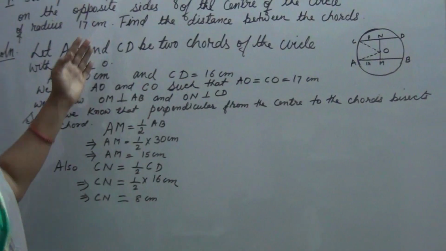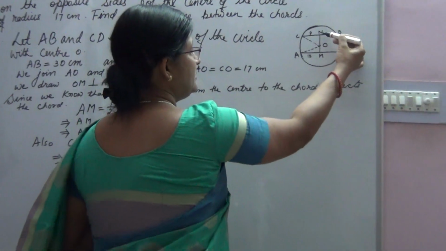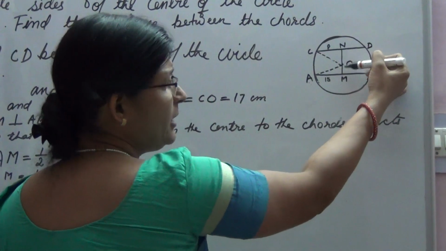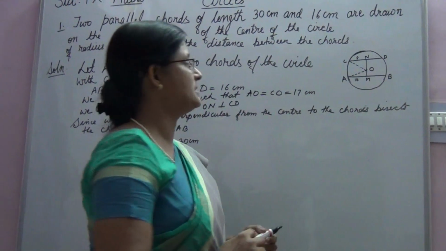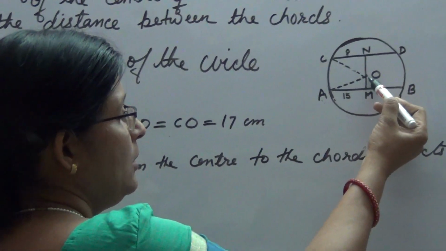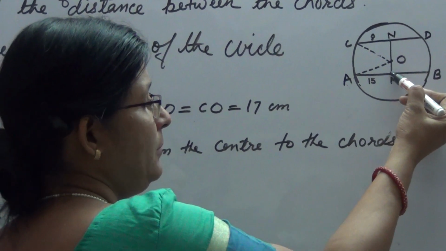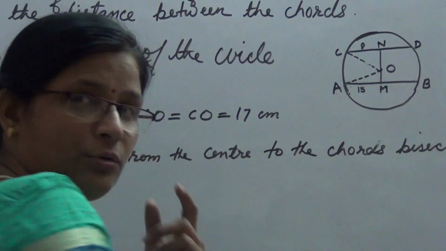And what we have to do is find the distance between the chords, that is, we have to find MN. Now how can we find this MN? For finding MN, we will do this part-wise. First of all, in triangle AMO, we will find the value of OM, because here AO is known to us and AM is also known to us.